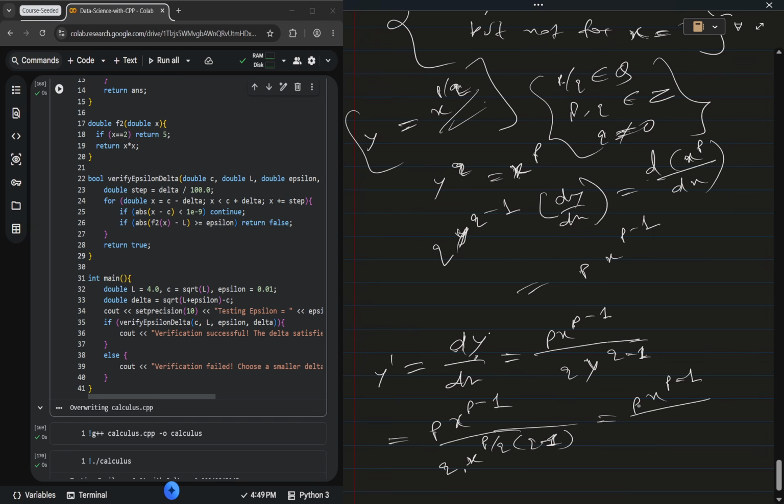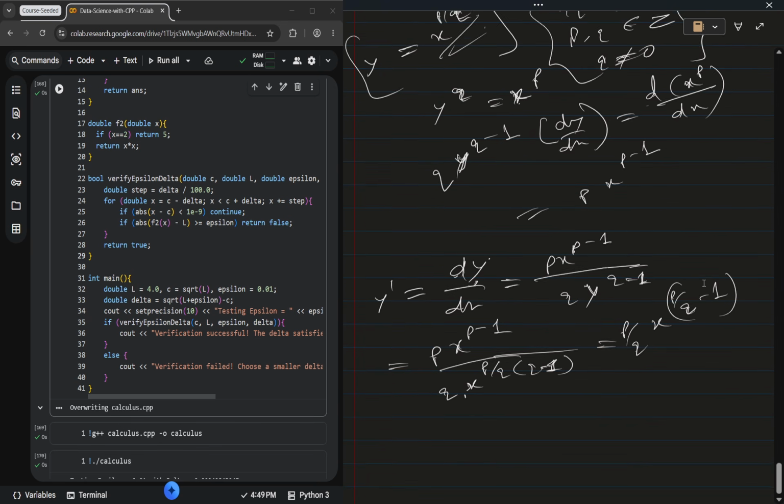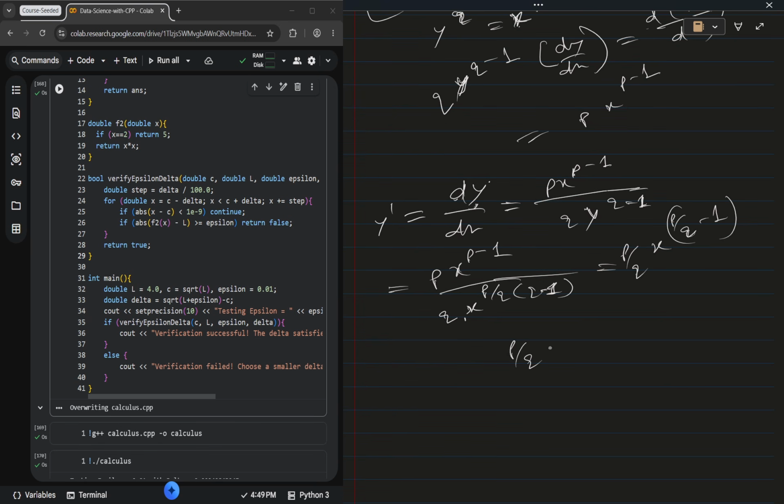We can just take p by q over here, and then we have this p minus 1, then q times q. So p will get eliminated from over here. Then we are left with this, which is again, if you write p by q equals n, n x to the power n minus 1.